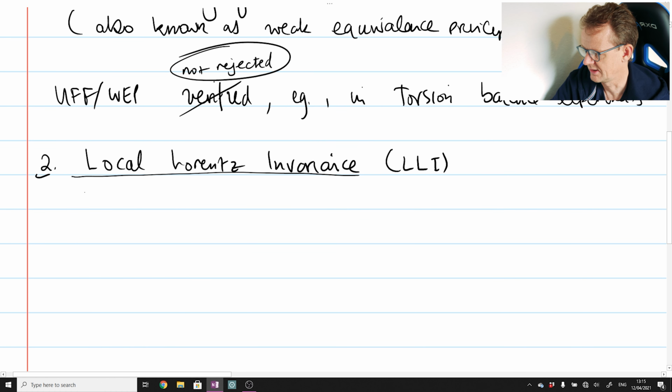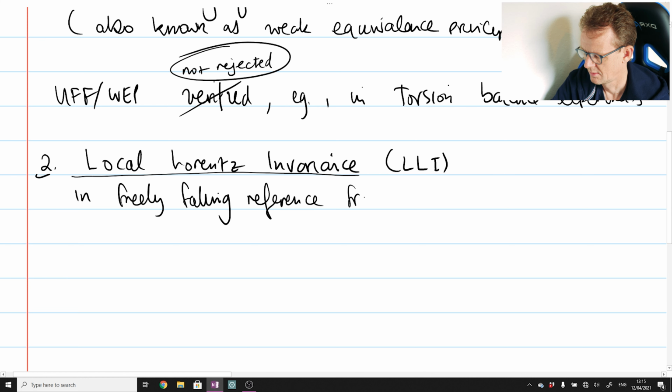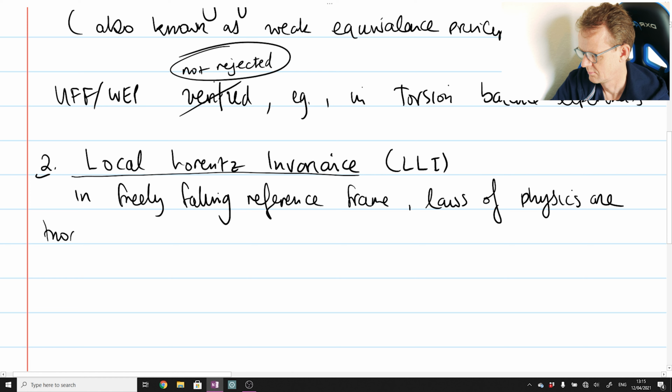So I'll just quickly summarize that. In a freely falling reference frame, the laws of physics are those of special relativity.